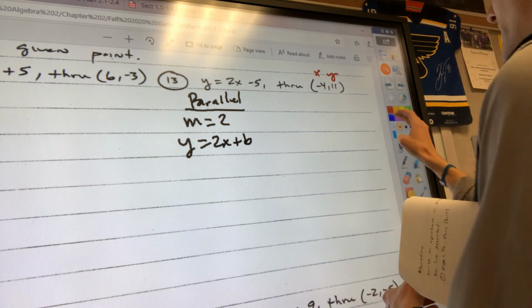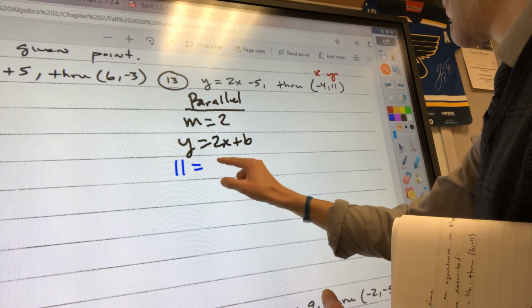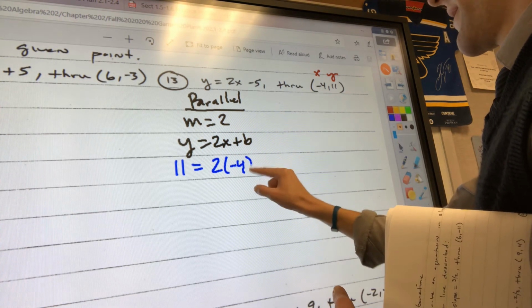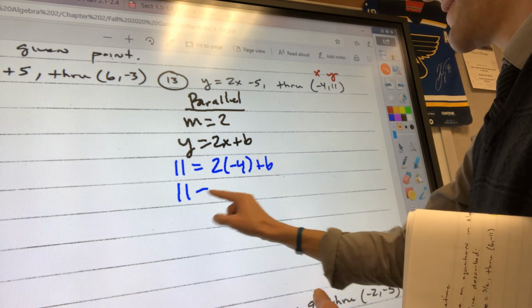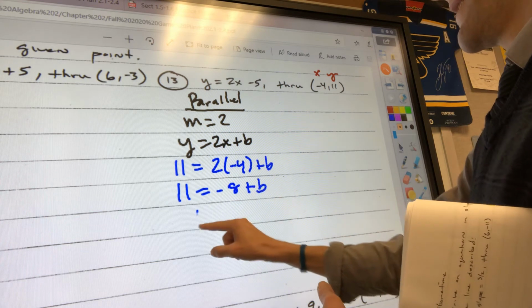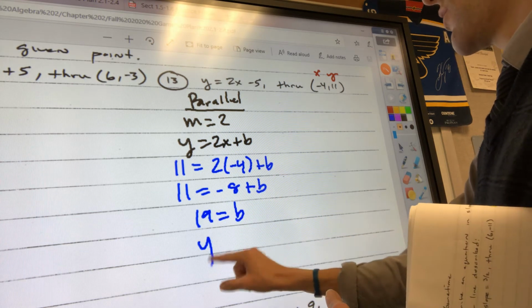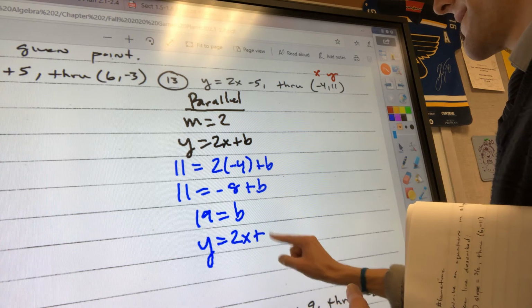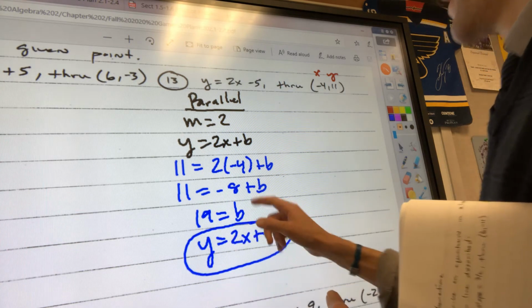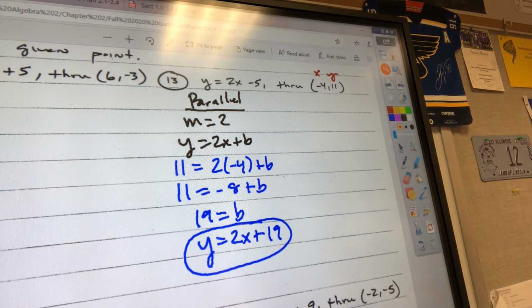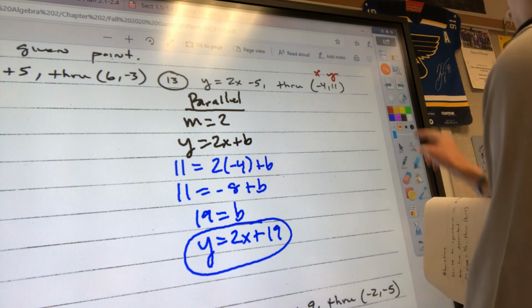But my parallel line is going to go through negative 4, 11. So my parallel line will have a different y-intercept, and that y-intercept is 19. So y is 2x plus 19 is an equation of a line that is parallel to y equals 2x minus 5, and it goes through negative 4, 11.